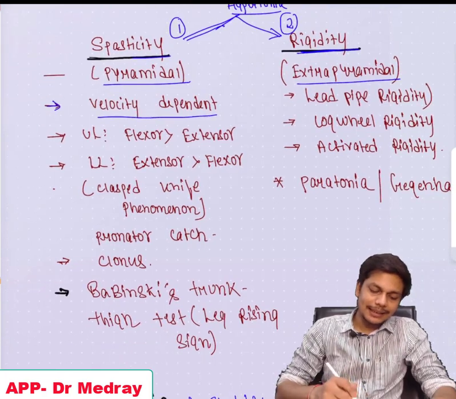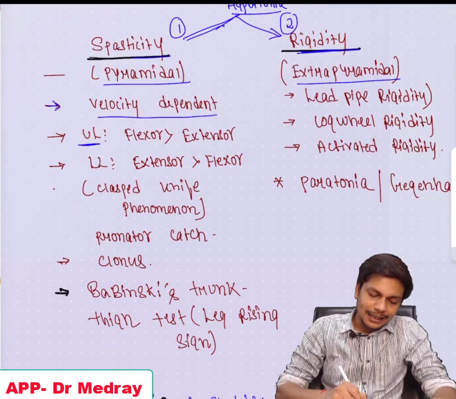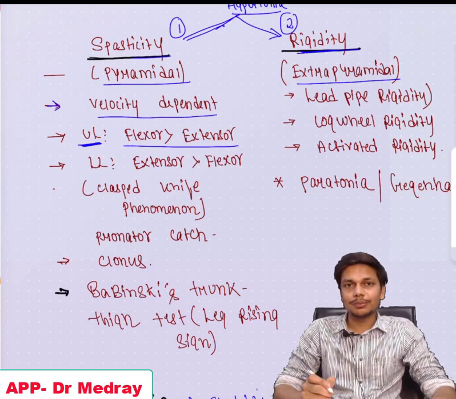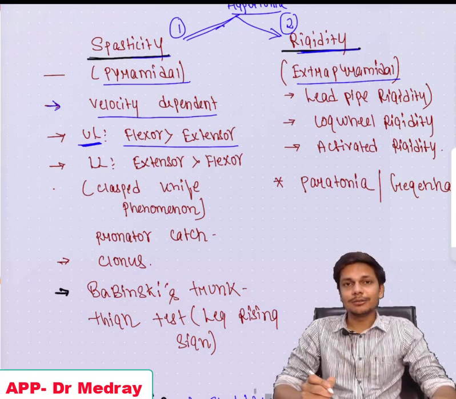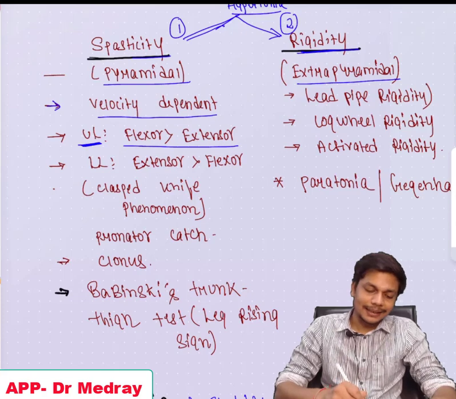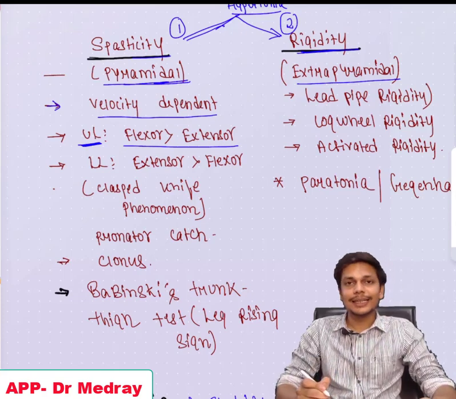In pyramidal tract lesion, the spasticity in the upper limb will be more in the flexor group than the extensor group. As we have learned, the attitude of the upper limb in corticospinal or pyramidal tract lesion is flexed, pronated and adducted.